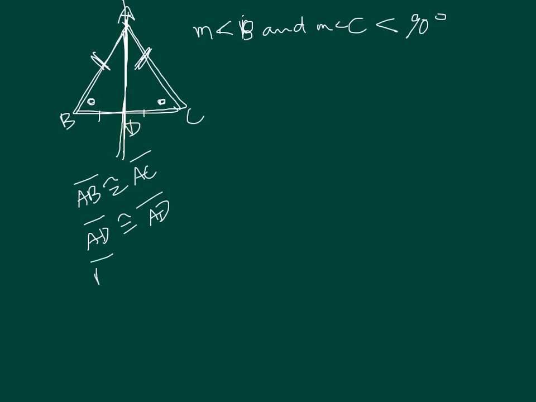So we can say BD is congruent to DC, therefore triangles ABD and ACD are congruent by SSS. Once we prove these triangles are congruent, we can say angle B and angle C are corresponding parts of two congruent triangles, therefore angle B and angle C are congruent. So that's the isosceles triangle theorem.